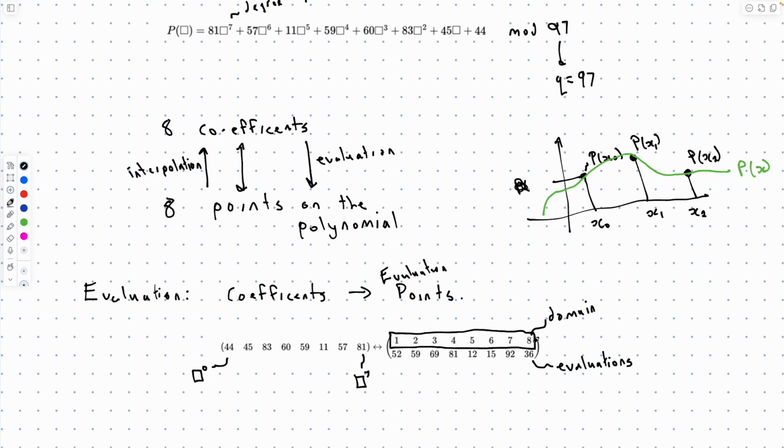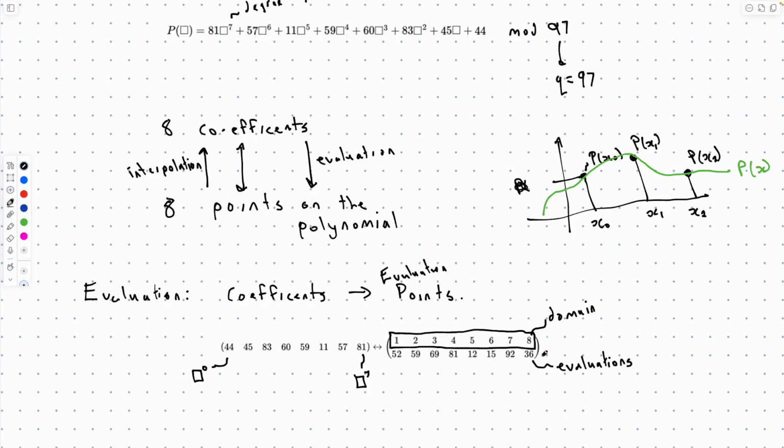This domain here, I chose to give you points at 1, 2, 3, 4, 5, 6, 7, 8. Are those the points that you need in order to have enough points to turn it back into a polynomial? Or is it just arbitrary, like I just chose the first 8 points?